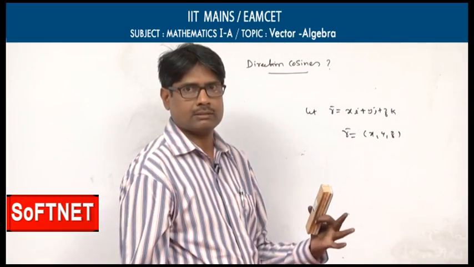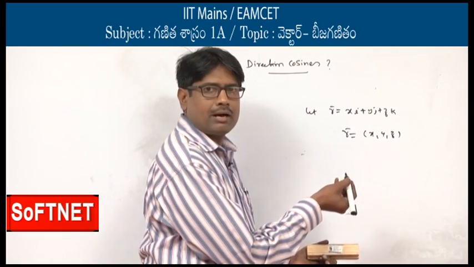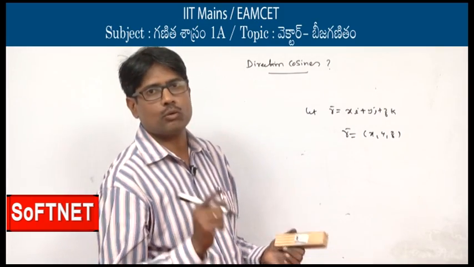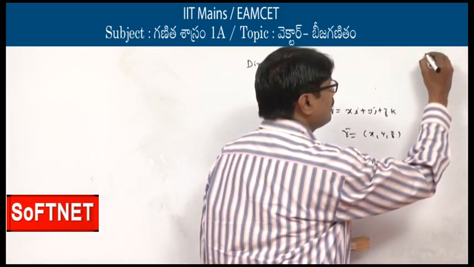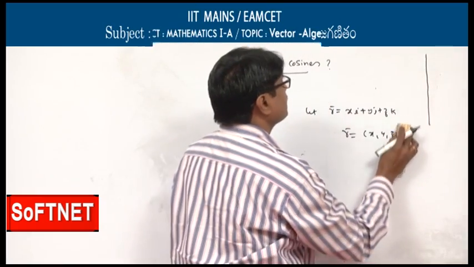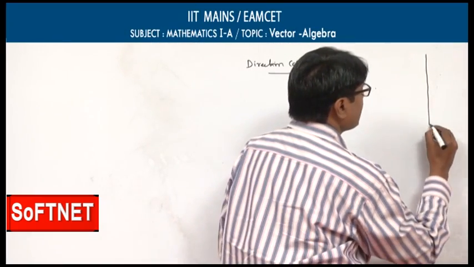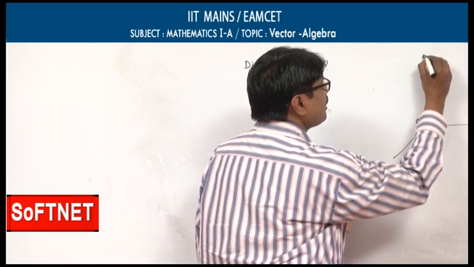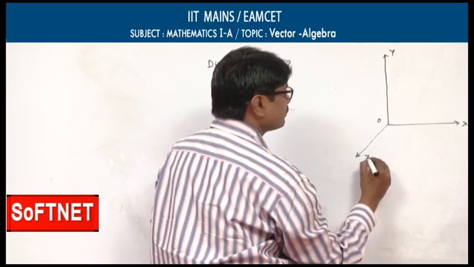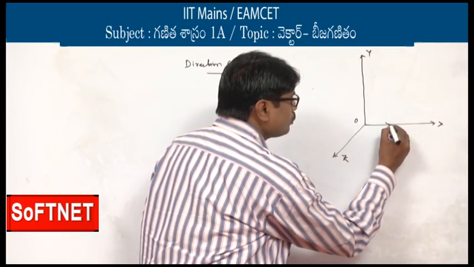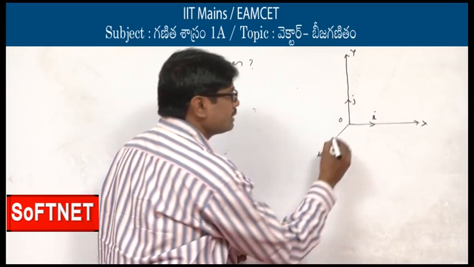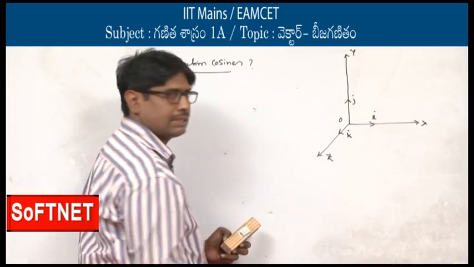Triad in the space. What are i bar, j bar, k bar? They are the unit vectors of the coordinate axes. For example, take the space system with the x axis, y axis and z axis, three mutually perpendicular lines. i bar is the unit vector of the x axis, j bar is the unit vector of the y axis and k bar is the unit vector of the z axis.